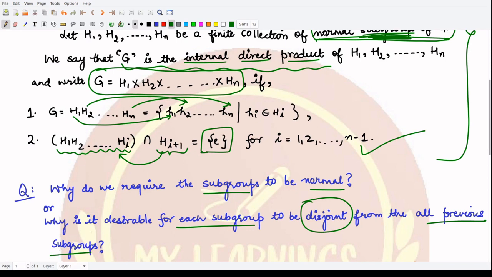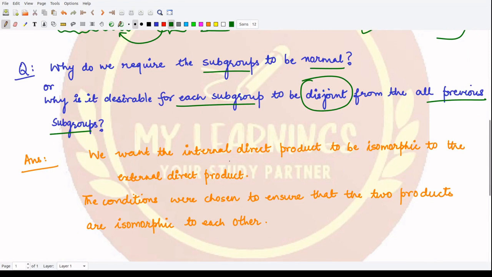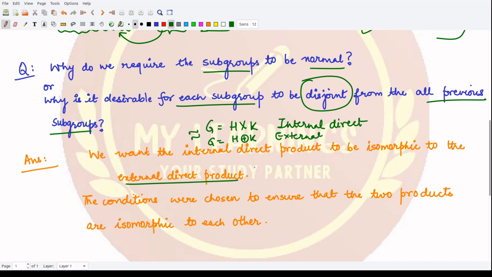The answer is simple, because in the previous case also, when we were taking only two subgroups, we wanted them to be isomorphic to our external direct product. Remember, if G was H times K written as an internal direct product, and if you write G as H direct product with K as an external direct product, then we want both of them to be isomorphic to each other.